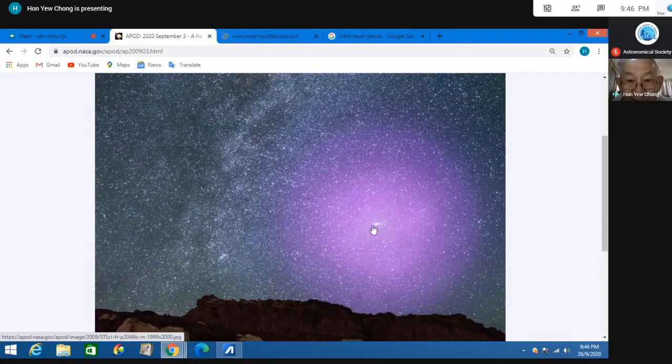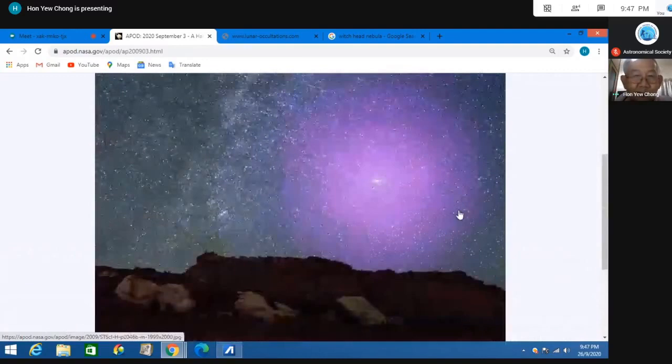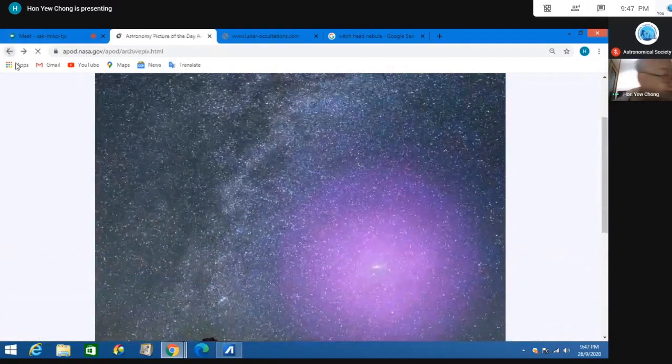So this is the size of Andromeda Galaxy, but around it, there's a kind of halo, all right? A sphere of hot hydrogen gas all around it. Look here, the Andromeda Galaxy, say 100,000 light years, this could be, say, 500,000 light years, all right? So it's a hot halo of hydrogen gas around Andromeda. That's the meaning of it.